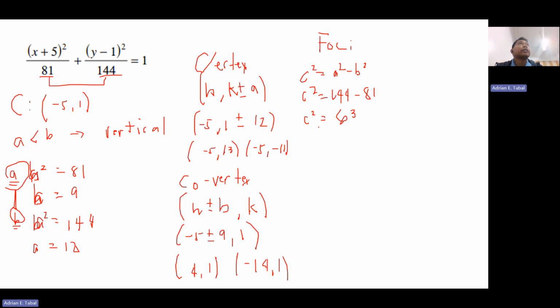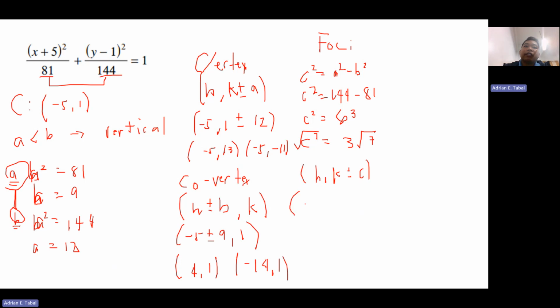And square root of 63, that is 9 times 7. So c is equals to 3 square root of 7. We check. Square root of 63, 3 square root of 7. So since this is a vertical, ang ato ang foci na sa major axis. So we have h, k plus minus c.